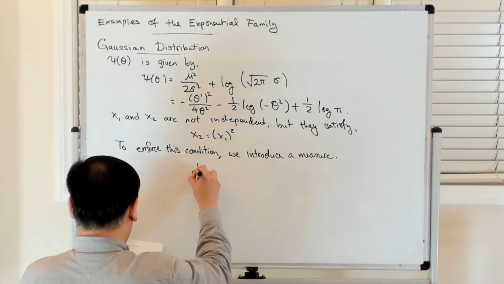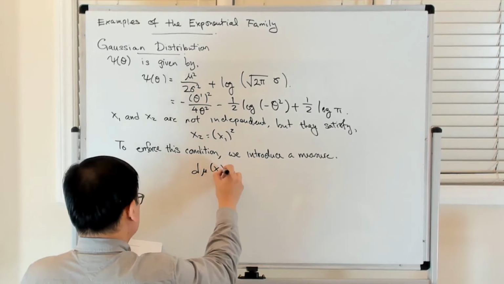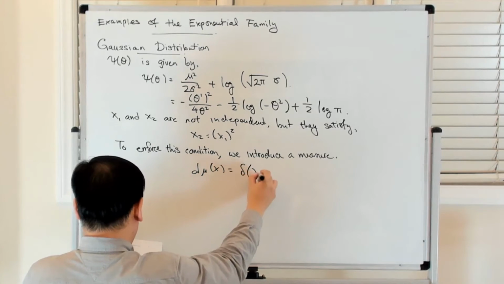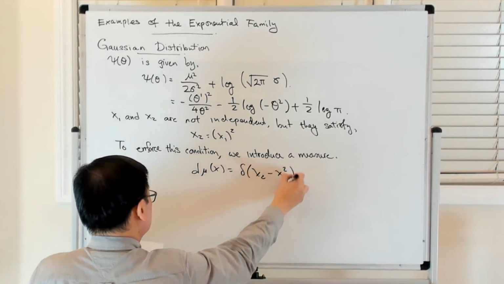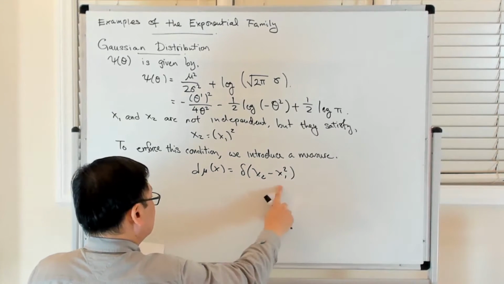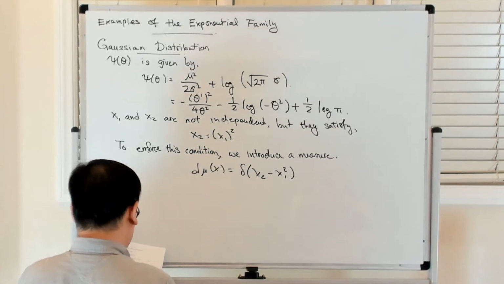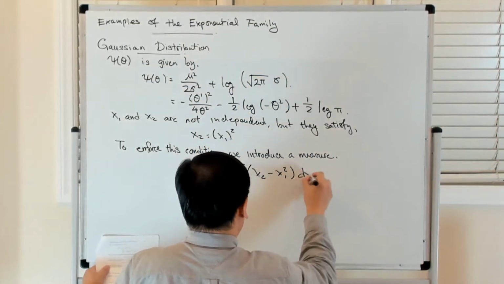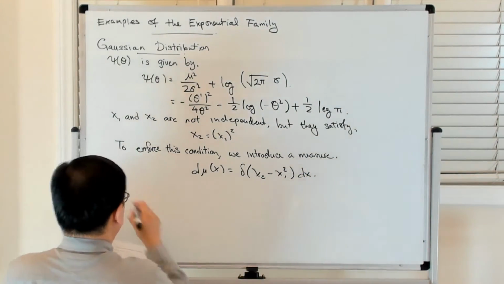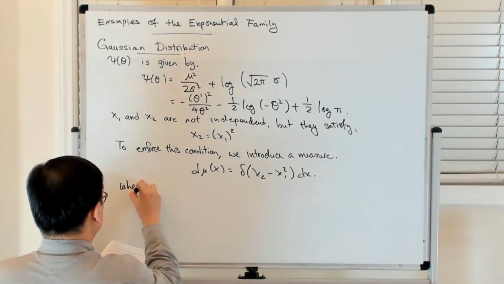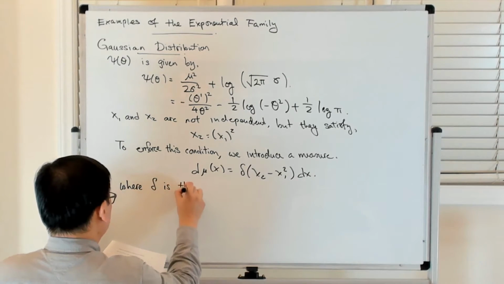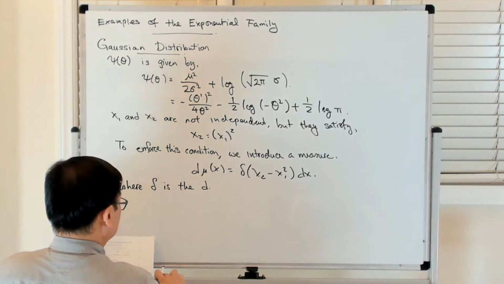So d mu of x is equal to the Dirac delta of x2 minus x1 squared. It concentrates the measure on this set of pairs of points x1, x2 satisfying this relationship, where delta is the Dirac delta function.